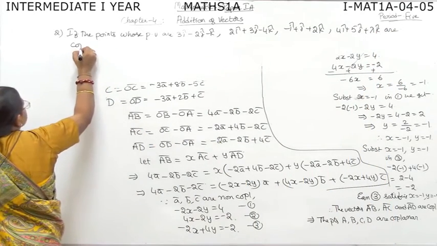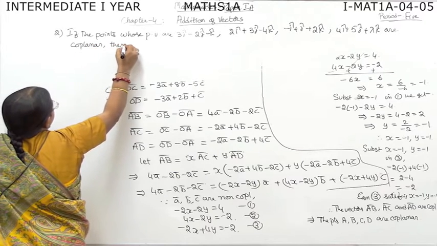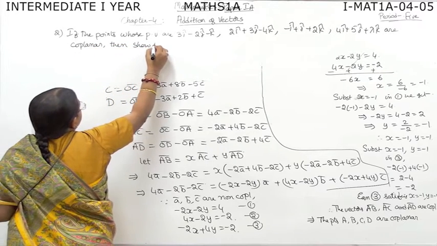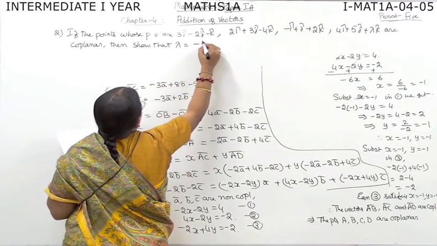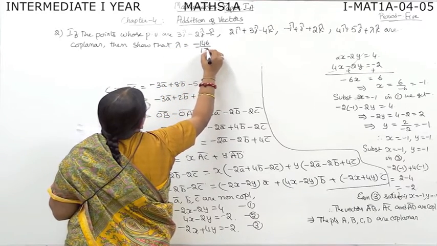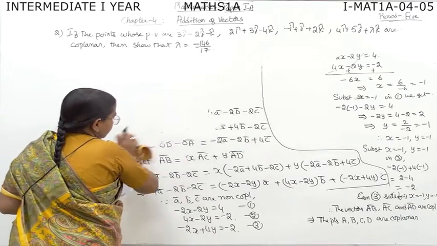So he has already given that the 4 points are coplanar. Then show that lambda is equal to minus 146 by 17. This is the problem. So again the procedure is the same.